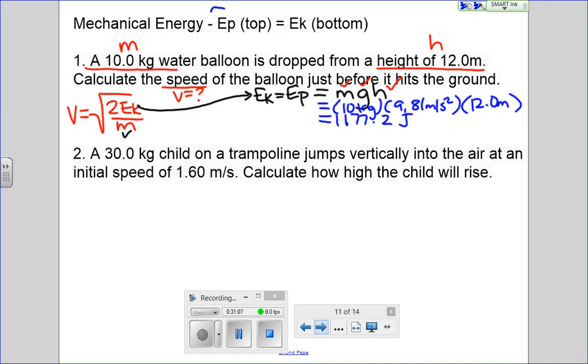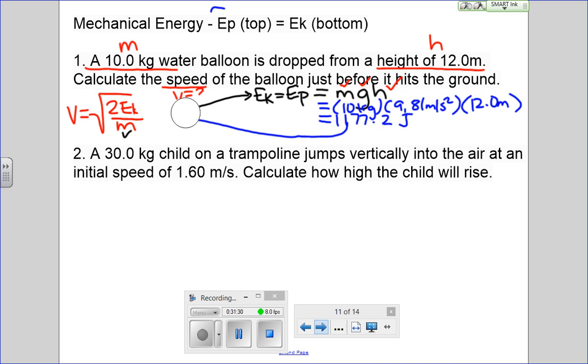Now I take this value and use it as the value of kinetic energy. Now I know everything in that formula. I know mass, I already used it in the question. Now I know kinetic energy, and those are the only two things I needed to know to calculate speed.